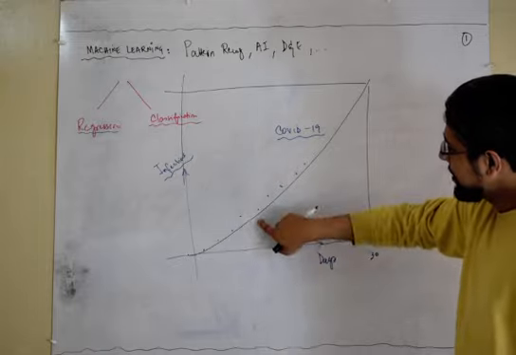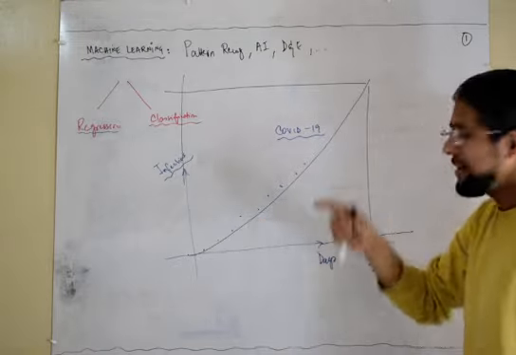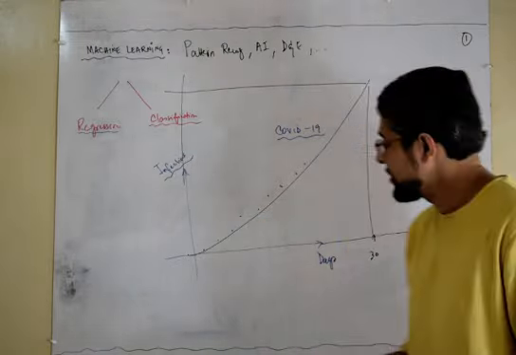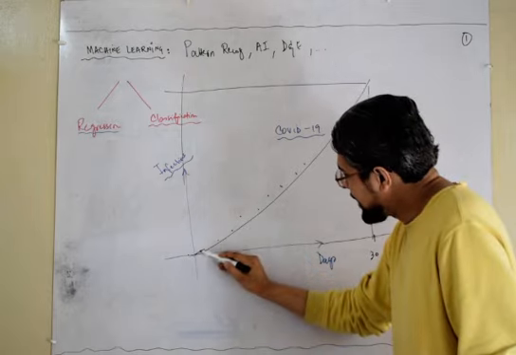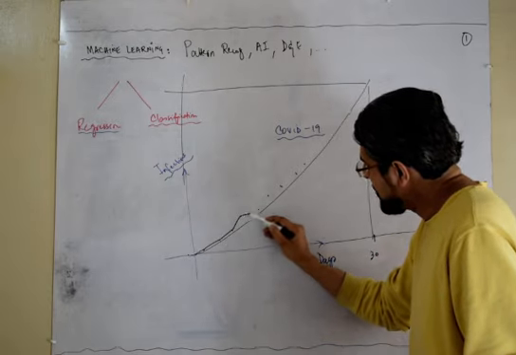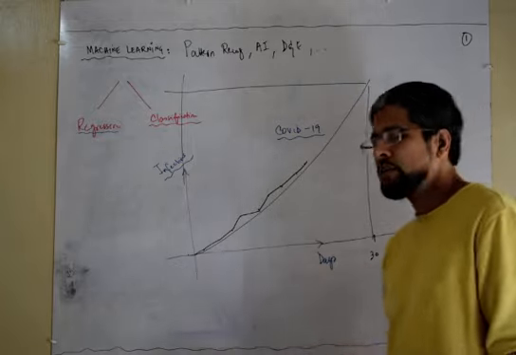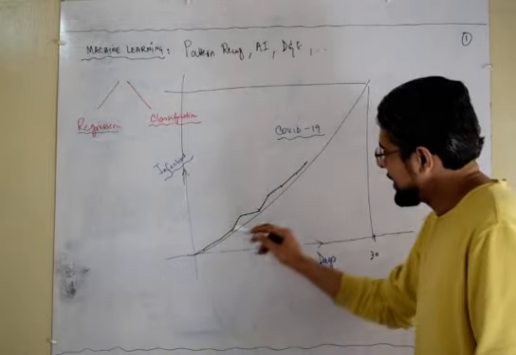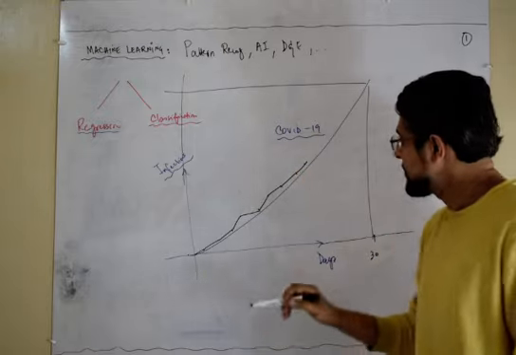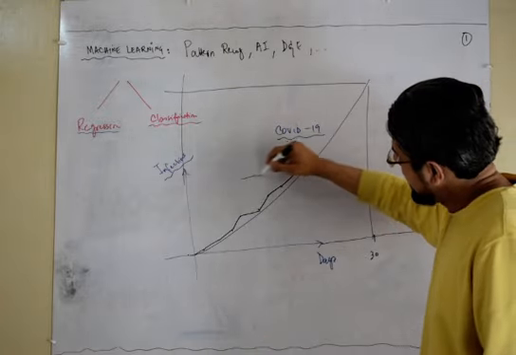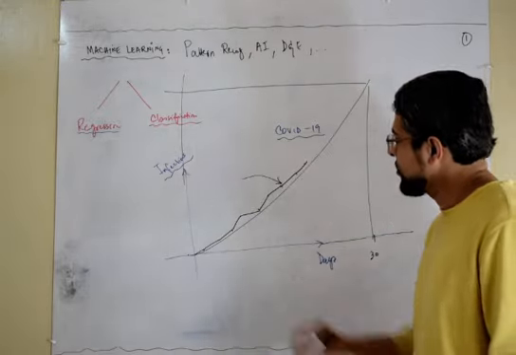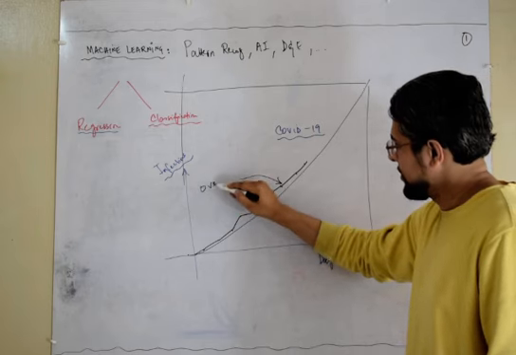Now notice here that the line does not pass through these points. In fact, if you draw a line that actually passes through all these data points, you won't get a straight line. You'll get a kinky sort of line like this. Now this is in fact called overfitting.